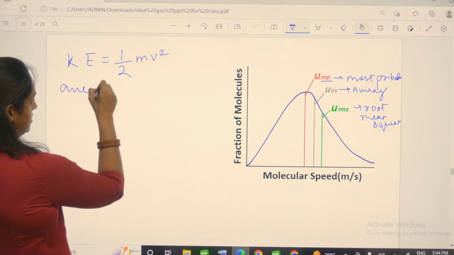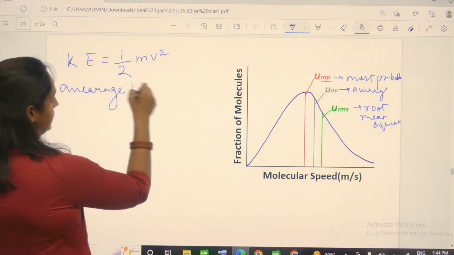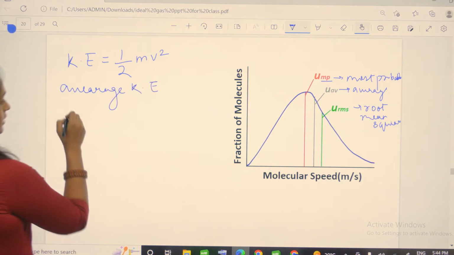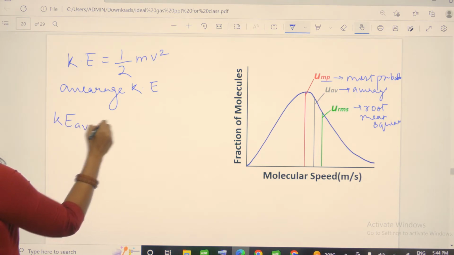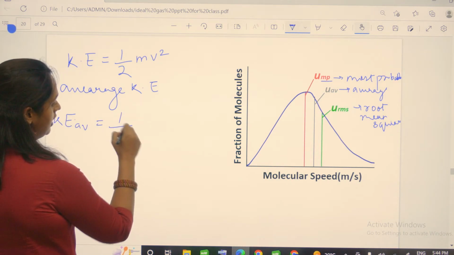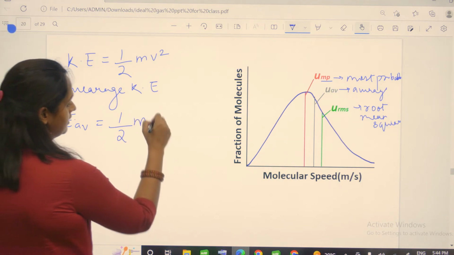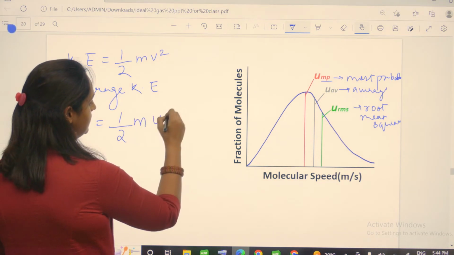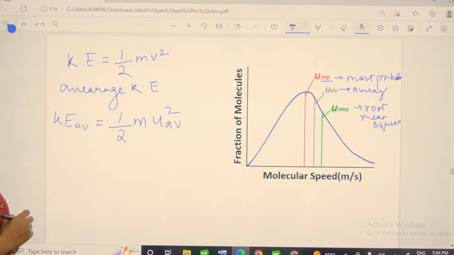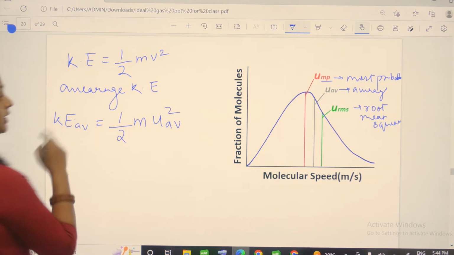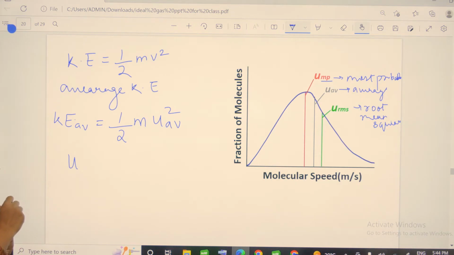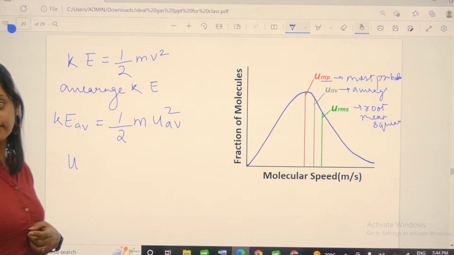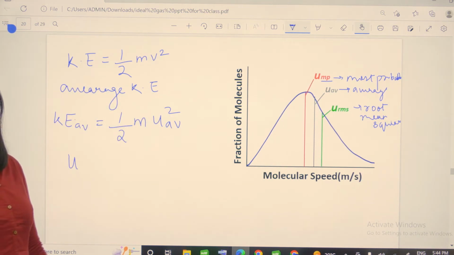So kinetic energy average would be equal to half U average square. That is the mean. We are considering the mass is equal for one particular gas, right? We have plotted for one particular gas.